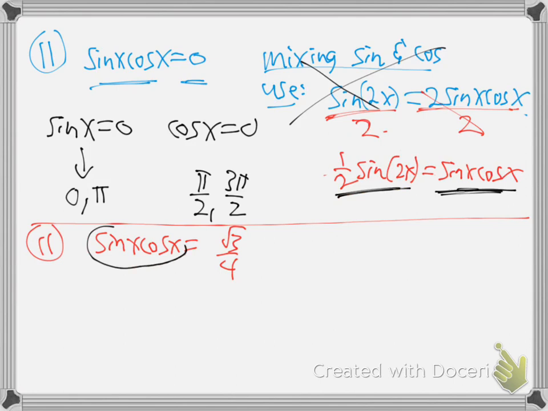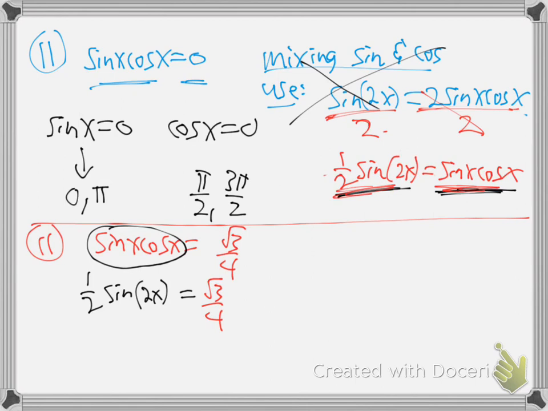So right here, this will be replaced with half sine 2x. Everybody see that? Right? Sine cosine is a half sine 2x.